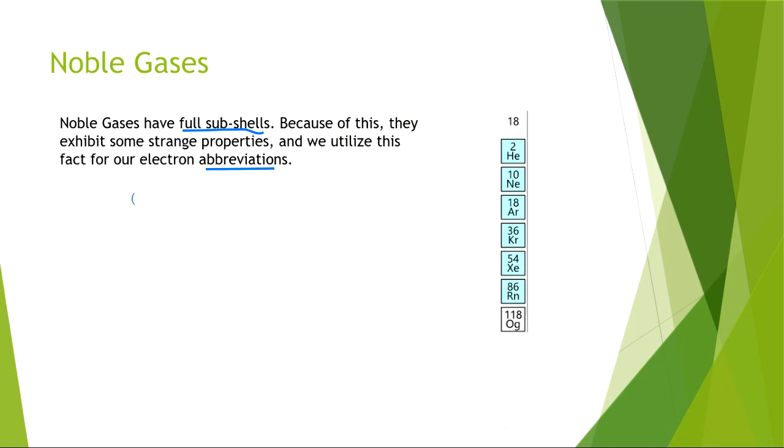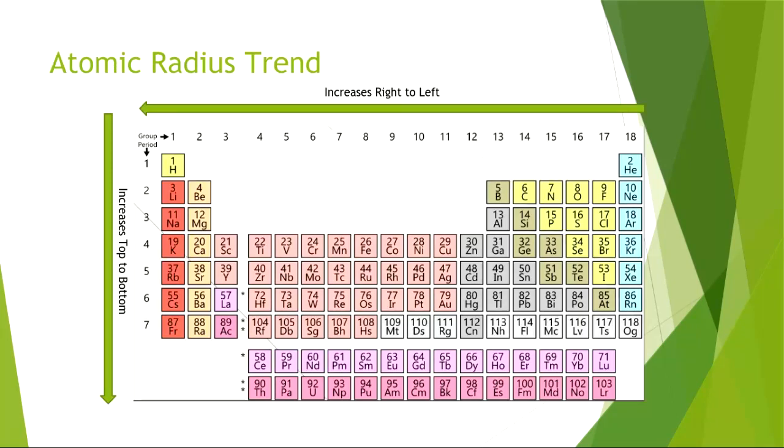And then we get on to our first trend, which is atomic radii. Now, atomic radius increases from right to left, and increases from top to bottom. So, for example, helium should be really small radius-wise. Helium has 2 protons, so you can think of it as a +2 charge in the middle, and then you have 2 electrons.